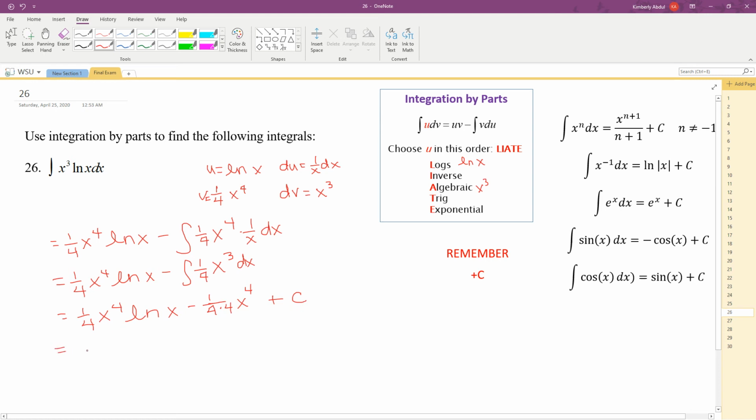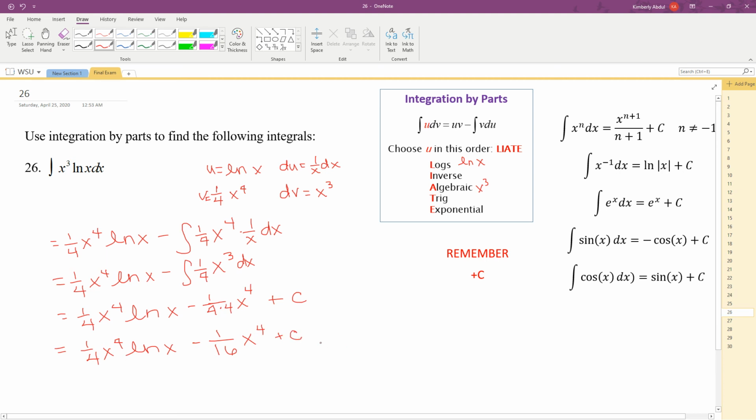I can rewrite this a couple different ways. I could rewrite it as 1/4 x to the 4th natural log of x minus 1/16 x to the 4th plus a constant.